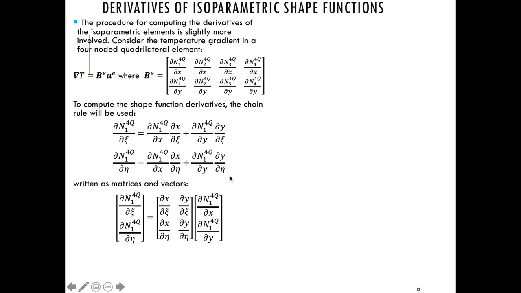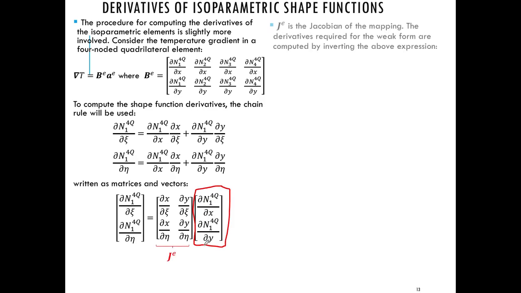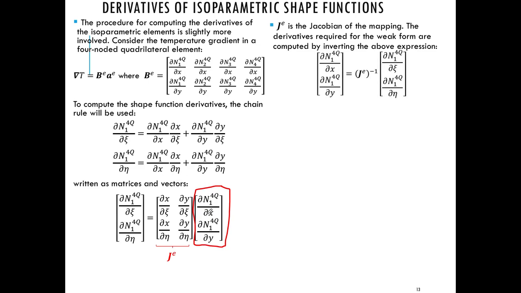Okay, so now what we want to do is recall that it's the derivatives with respect to x and y that we're trying to find. How I can do that is by inverting this expression, to get this in terms of the derivatives with respect to psi and eta.